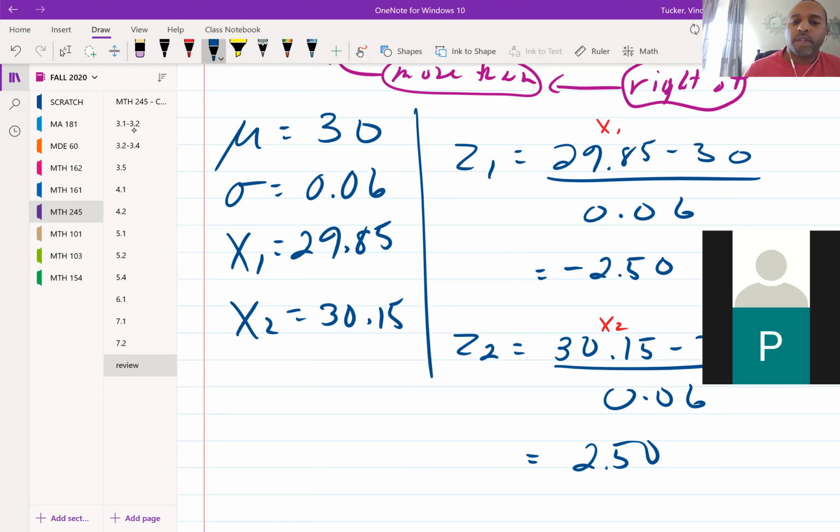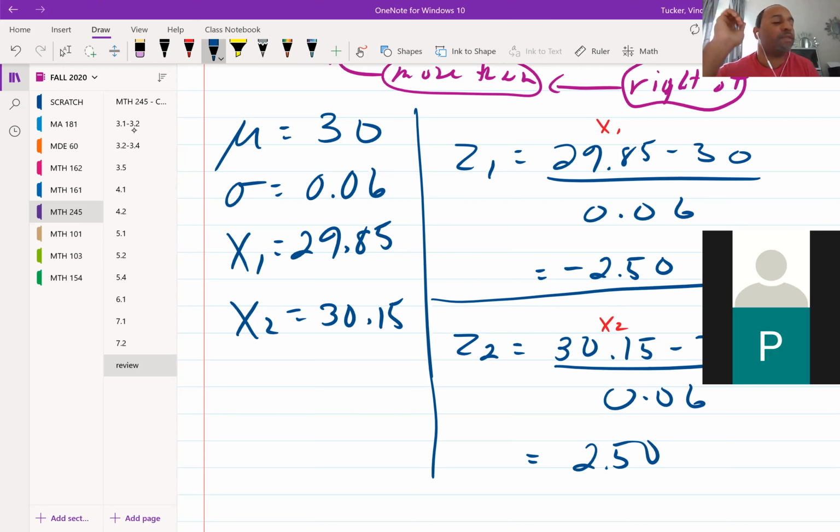So that's z1 and z2 based on x1 and x2. So for x1, 29.85 minus 30 divided by 0.06 is negative 2.50. And 30.15 minus 30 divided by 0.06 is positive 2.50.